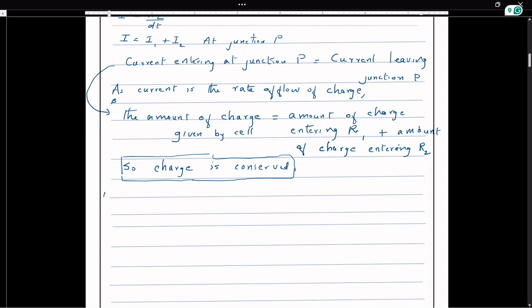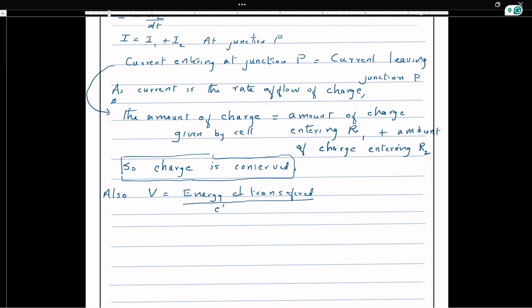Now about energy, we also studied a definition for voltage. Voltage is energy transferred by each coulomb of charge.